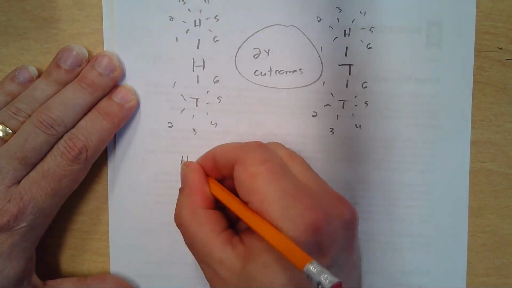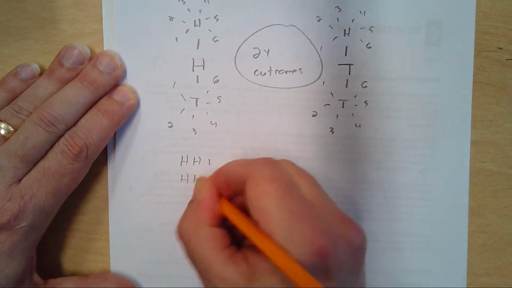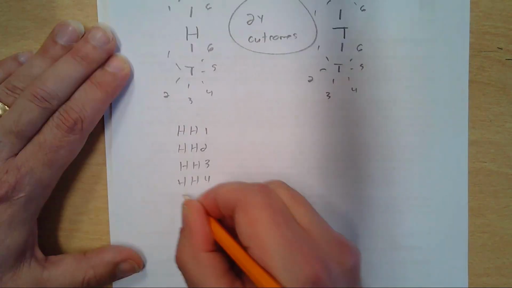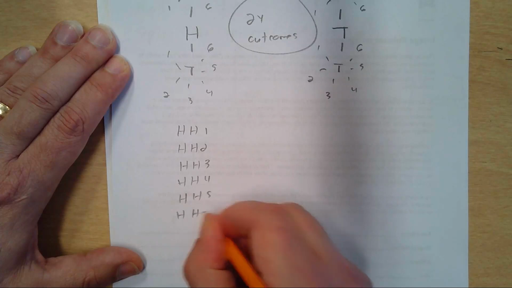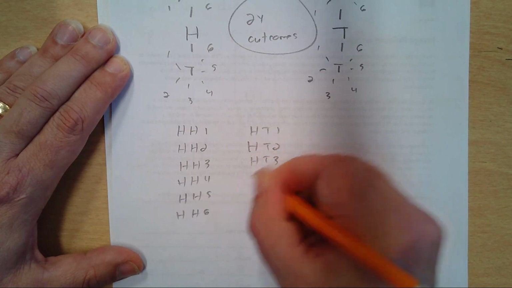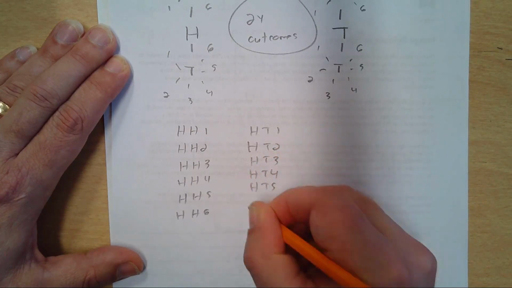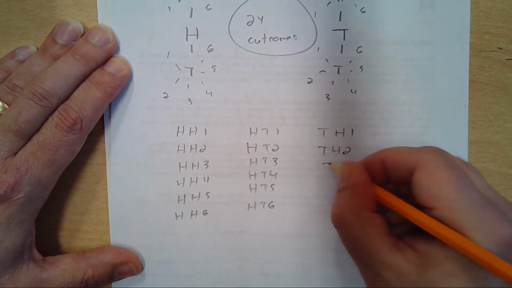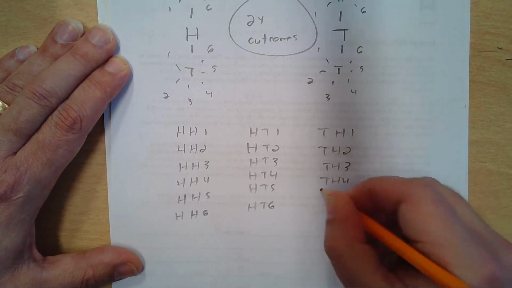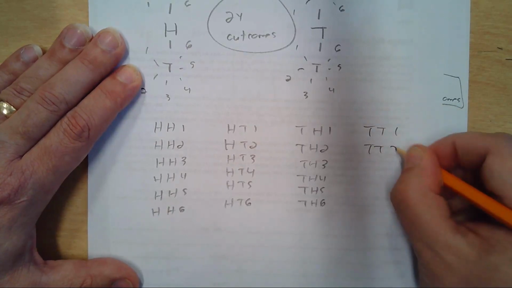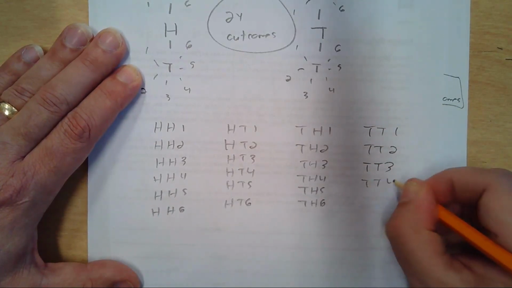If I list them all out, I get a heads, a 1, a heads, a 2, a heads, a 3, a heads, 4, heads, 5, heads, 6, heads, tails 1, heads, tails 2, heads, tails 3, heads, tails 4, heads, tails 5, heads, tails 6, or I get a tails, heads 1, tails, heads 2, tails, heads 3, tails, heads 4, tails, heads 5, tails, heads 6, or I can get the double tails, and then all 6 of those numbers could occur.